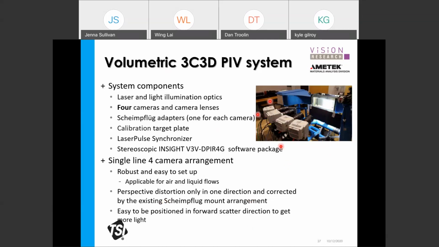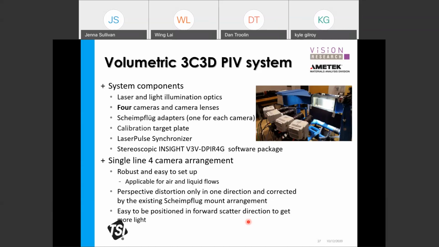Occasionally, we can also make this arrangement easier in a sense that we can also put the cameras in the forward scatter direction with respect to the laser light sheet. So that could be a lot of benefit having the cameras in the forward scatter direction, meaning that we can actually get more light from the particle illumination.